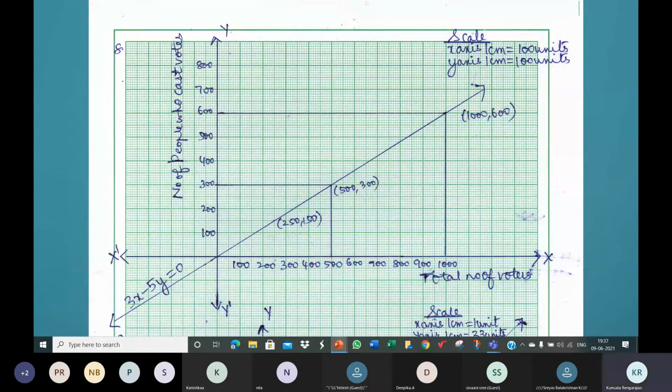In the equation 3x minus 5y is equal to 0, what is the value of a? 3. What's the value of b? 5. Minus 5. What's the value of c? 0. So when the value of c is 0, the graph passes through the origin.